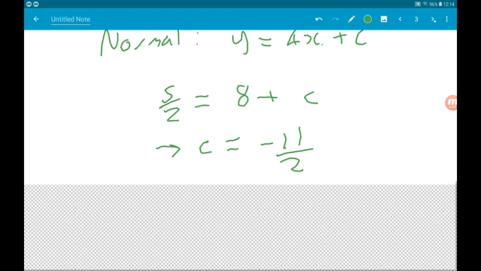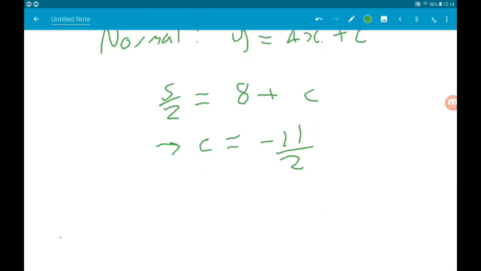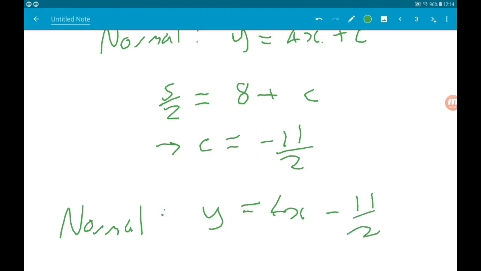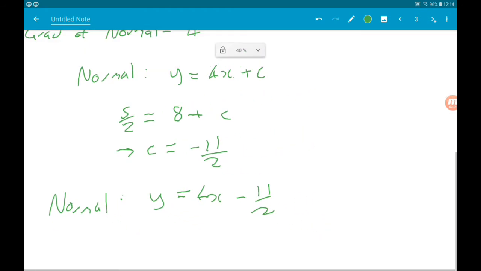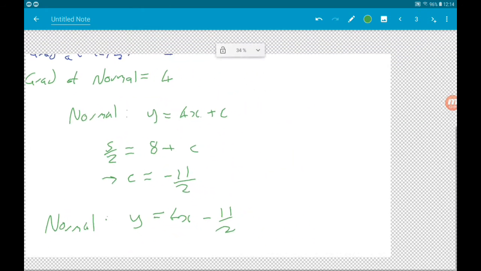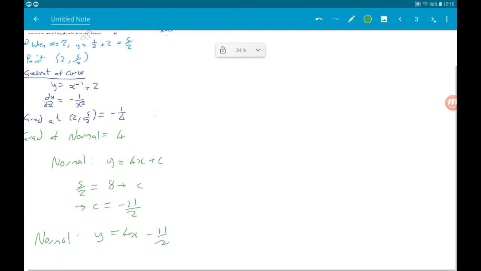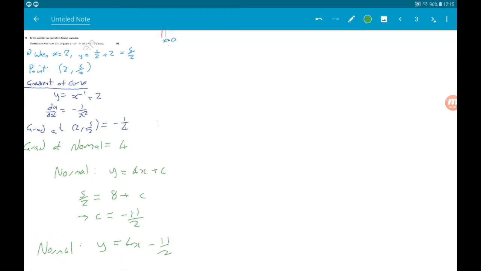And then finally, the normal is y is 4x minus 11 halves. Boom. Now if you want all the workings together, there you go.